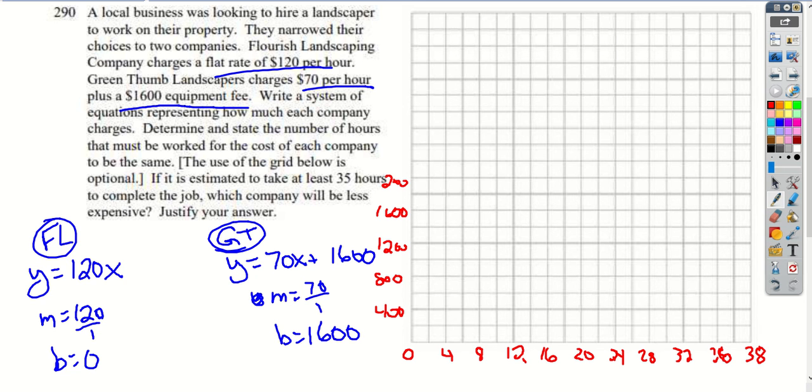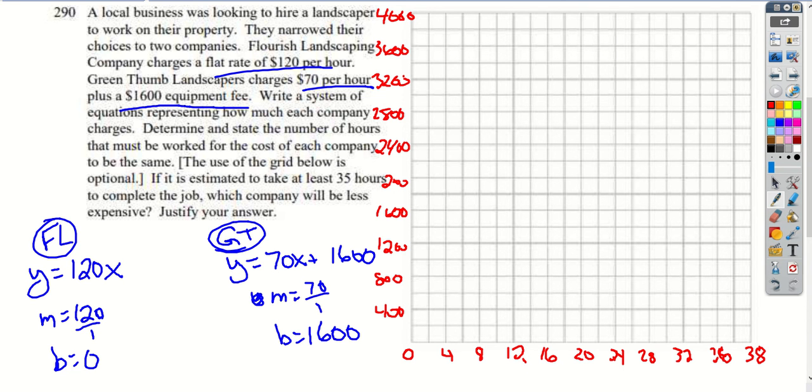Well, we'll keep going. So that's 2,000, this is 22, this is 24, 28, 32, 36, and then 4.